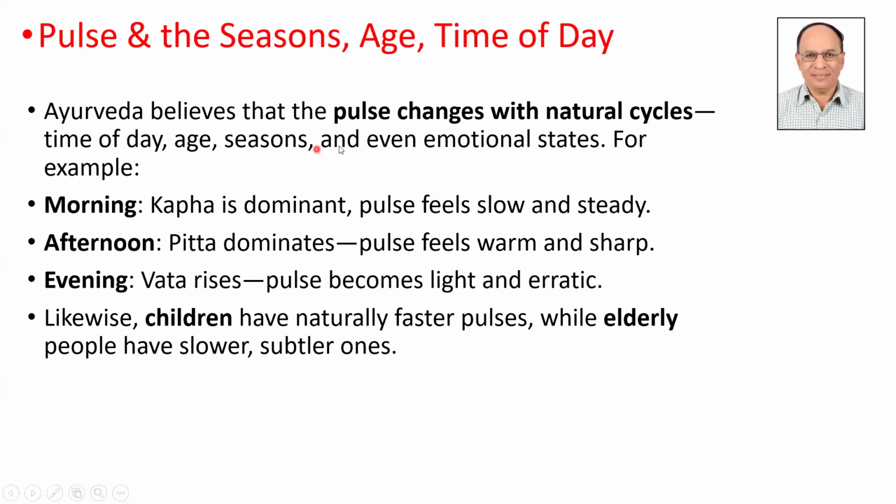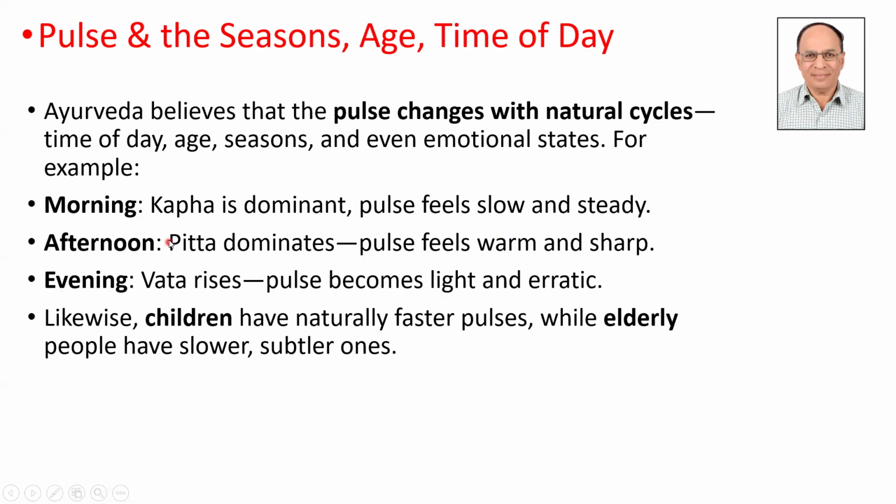Ayurveda believes that the pulse changes with natural cycles, time of the day, age, seasons, and even emotional states. For example, if you do Nadi Pariksha in the morning, Kapha is dominant and the pulse will feel slow and steady. In the afternoon, if you examine the same person, you will find that Pitta is dominating, and the pulse feels warm and sharp.